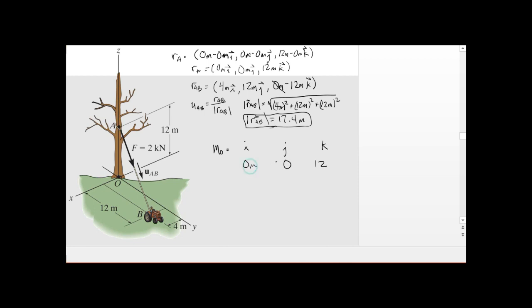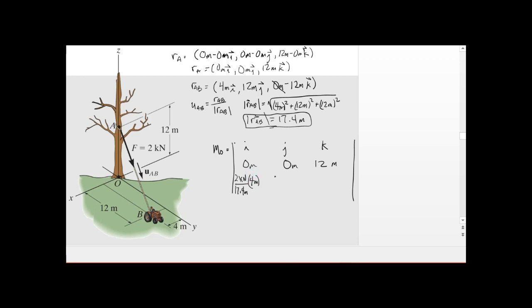And again, these are all moments. The force vector is going to be in kilonewtons. So in the I, we're going to have 2 kilonewtons divided by the 17.4, which is the magnitude of RAB, and then we have to have the components of RAB, so 4 meters.